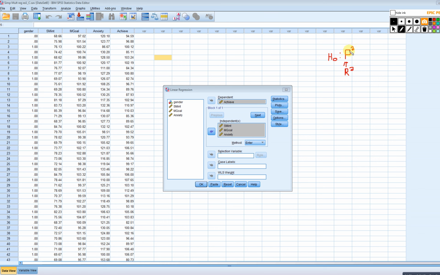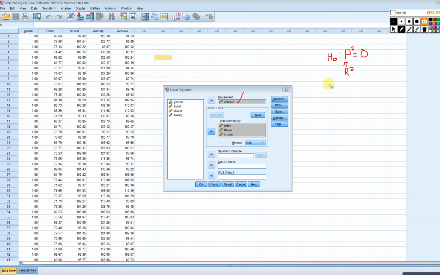It looks kind of like a little p here, but it's the Greek letter rho, and the null hypothesis is that within the population, the set of predictors explain 0% of variation in the criterion variable achievement.